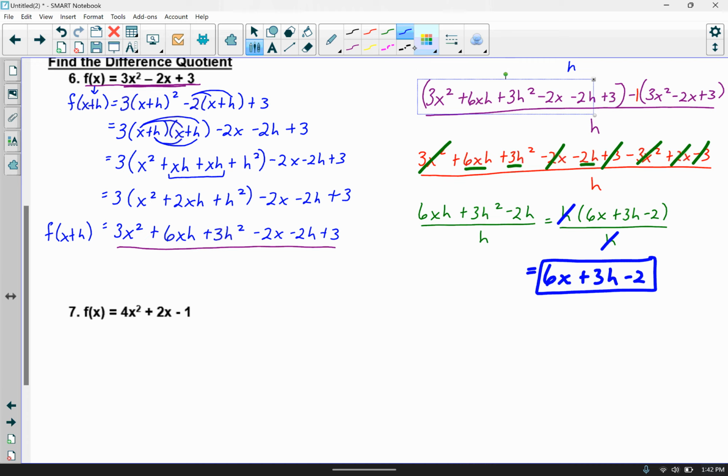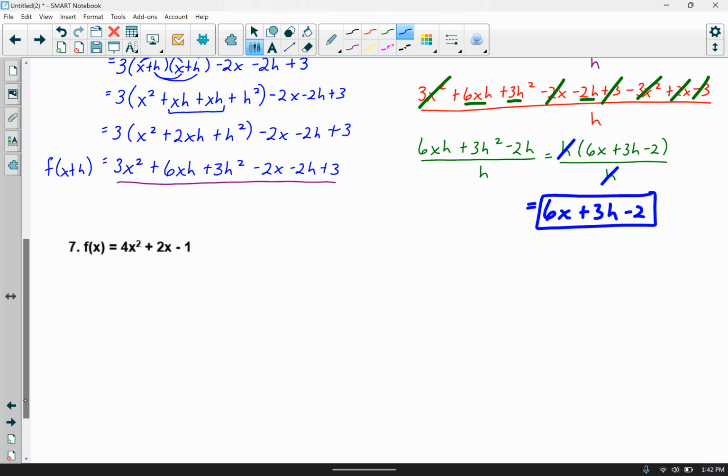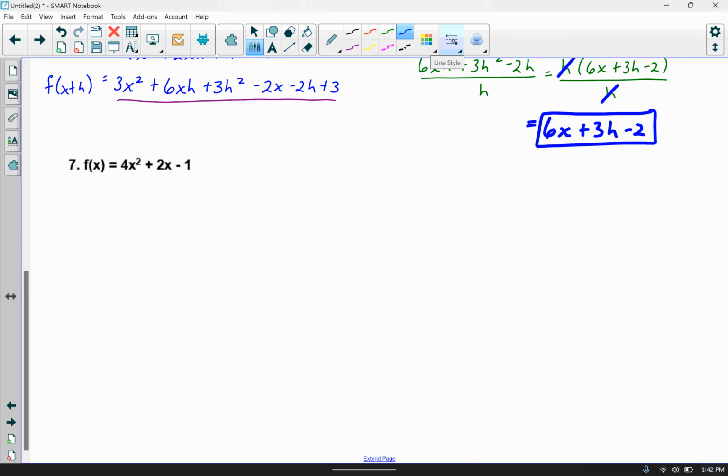I'm going to go on down here and work through this one, showing all the work. Remember the first piece you find is f of x plus h. Everywhere I see an x, I'm plugging in x plus h. Remember that x plus h squared means to write it twice so you can FOIL it. Take that 2 and distribute it through.